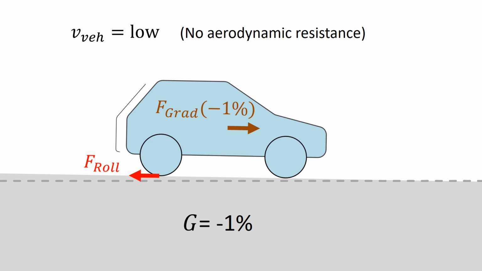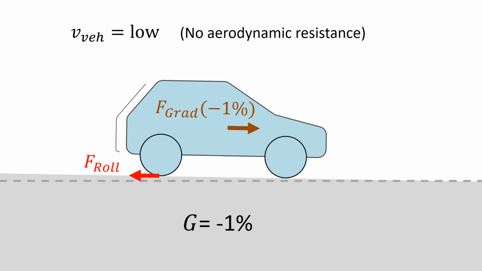The effect of rolling resistance can be understood by a simple example. The rolling resistance is big enough to keep the vehicle stationary on a flat road, but if the vehicle is on a 1% downhill gradient, that is just sufficient to make the gradient force equal to the rolling resistance force, and the vehicle will start to roll slowly. As you can see in the figure, 1% is a barely noticeable gradient.